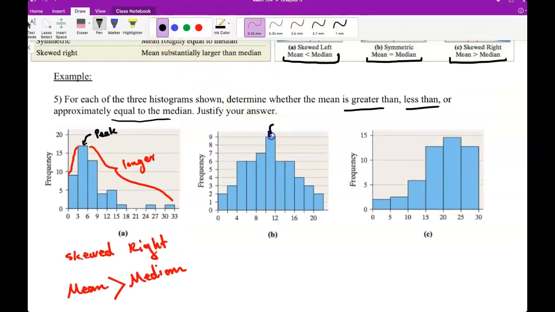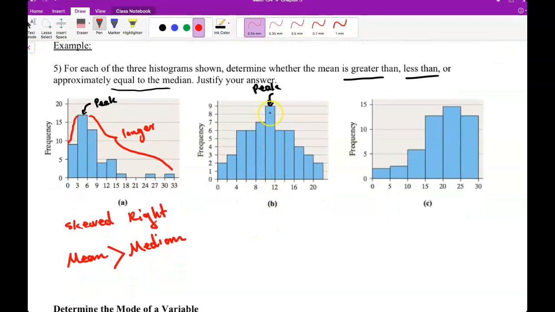Now, what is this one? This is the highest frequency we have, and we can say that it is in between. What that means is it is symmetric. That's why the mean is approximately equal to the median.